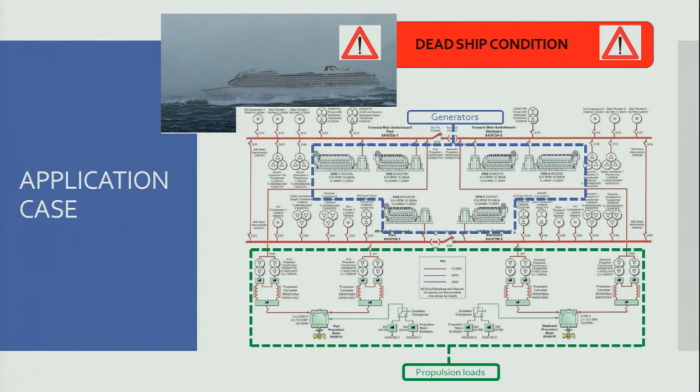So what I want to say is that automation is very useful, but we need to know very well what we are doing during the design process with it. So this is a very complex energy system on board the cruise ships. Automation is very useful. You see that there are the diesel generators here. They produce power that is delivered to the hotel services and to the propulsion system.